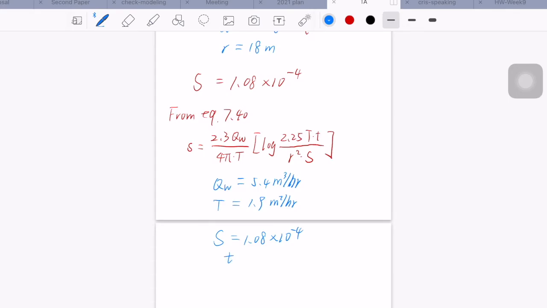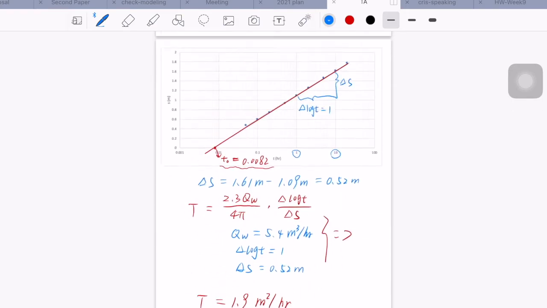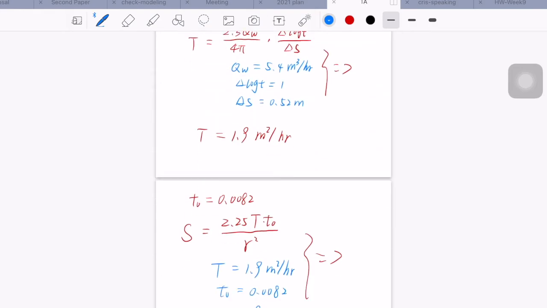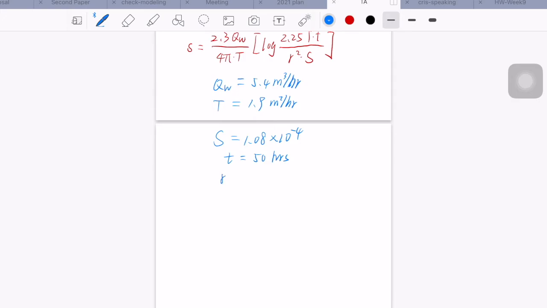And the time is 50 hours. And the R is 18 meters. So now we can determine that the drawdown is 1.97 meters. We finished this problem.